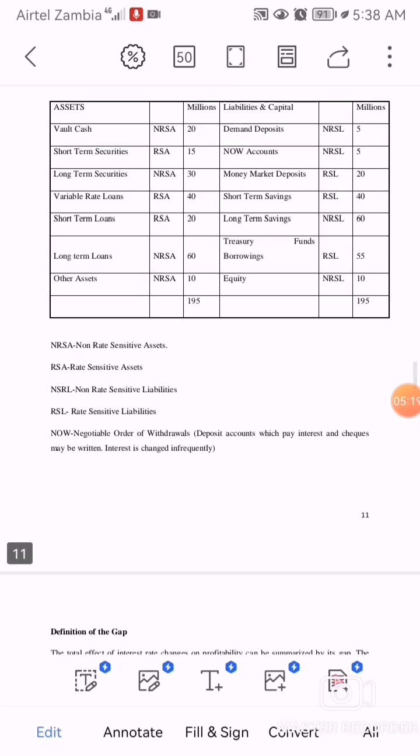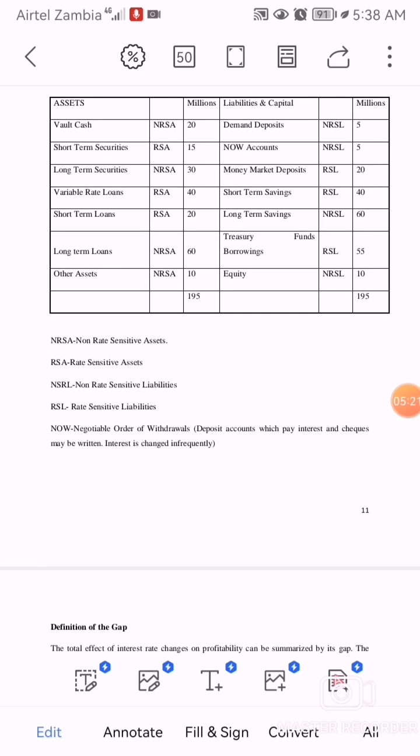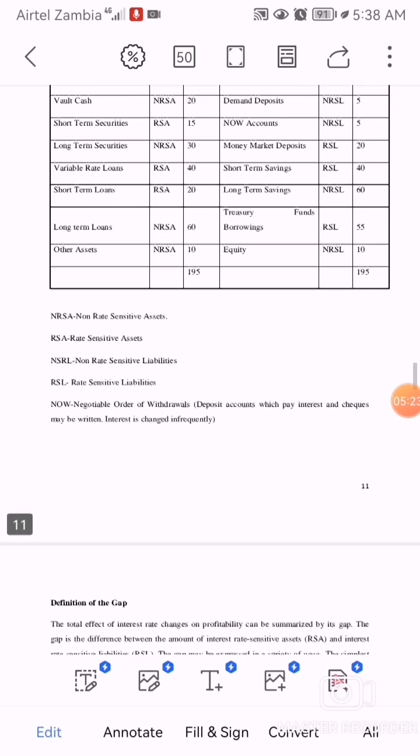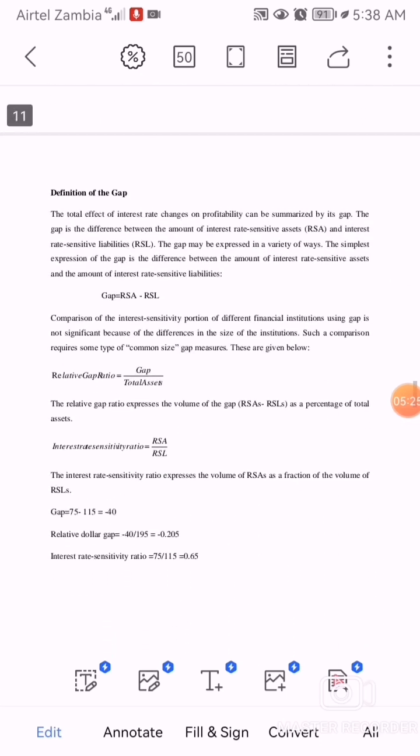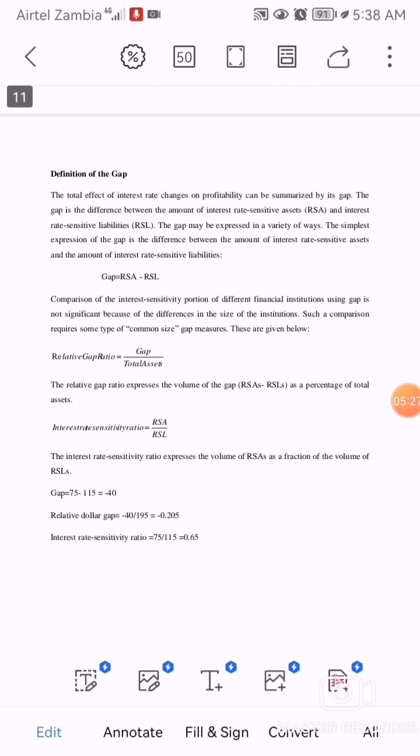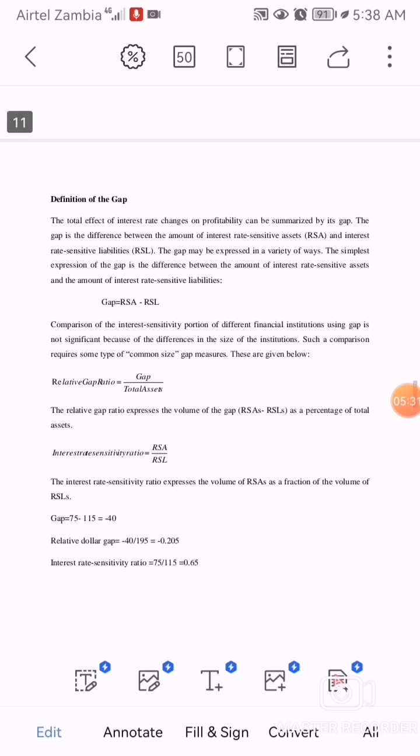That gives you your gap analysis. That's your first formula. Really, just like that. The definition of the gap: RSA minus RSL, the difference.